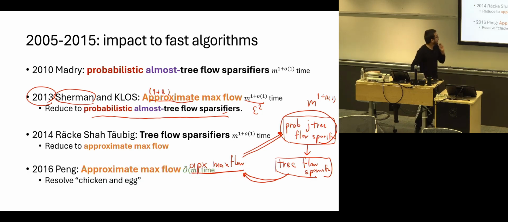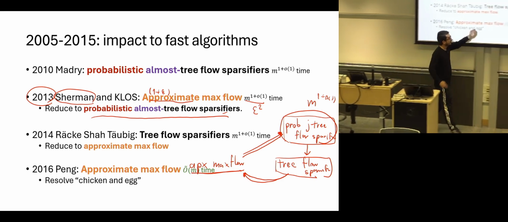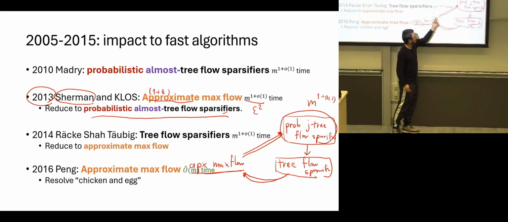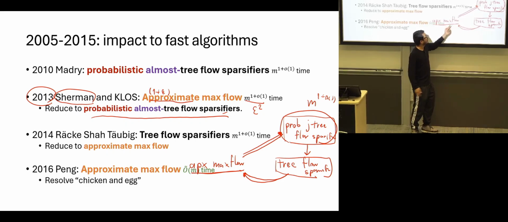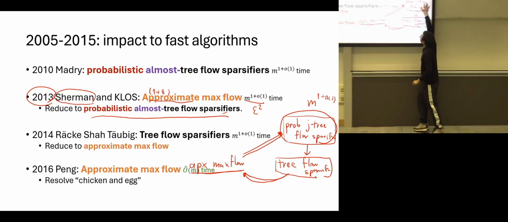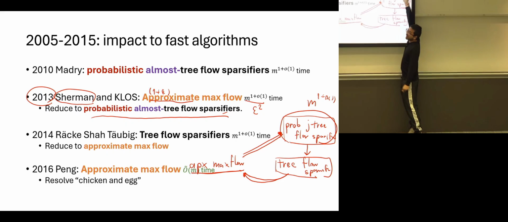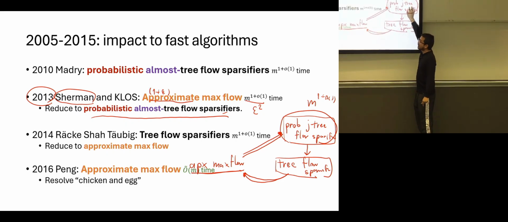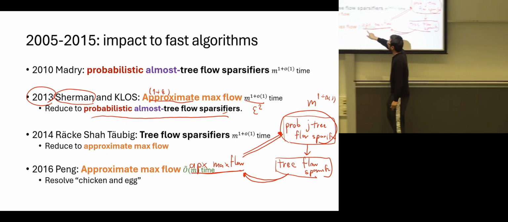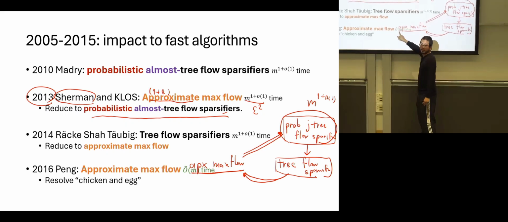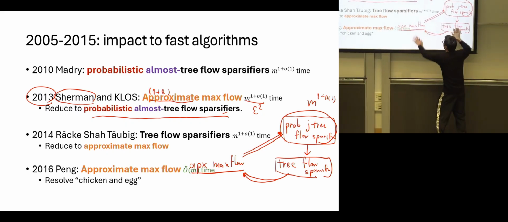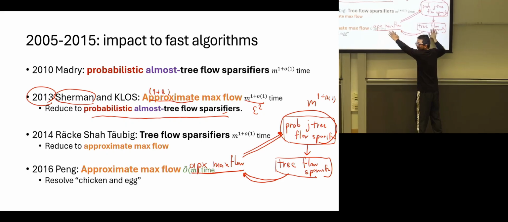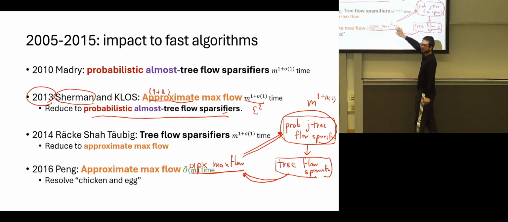But then it was Richard Peng who observed this cyclic dependency. Instead of using this one as a black box, which takes almost linear time, he showed how to get almost linear time for both of these, both this and this.